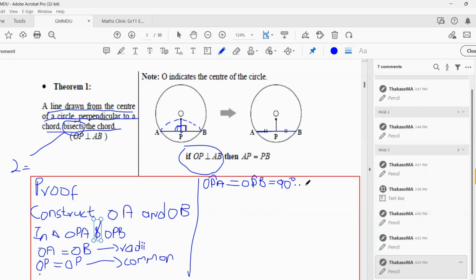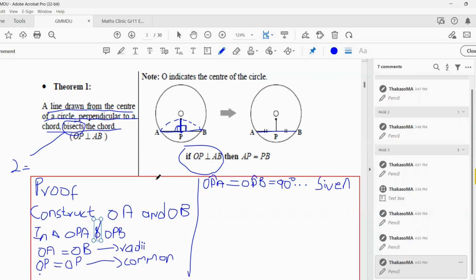And what is the reason why we say that? That is given, we are told. Okay, we were told that they are perpendicular. So this is given. All right, so we were told that OP is perpendicular to AB. We know the things that are perpendicular, they create an angle of 90 degrees. Hence, we are saying that's given.